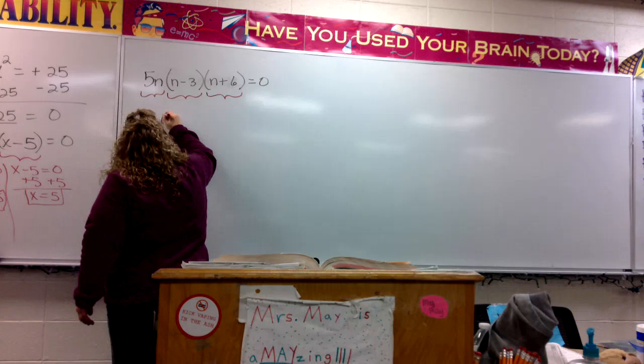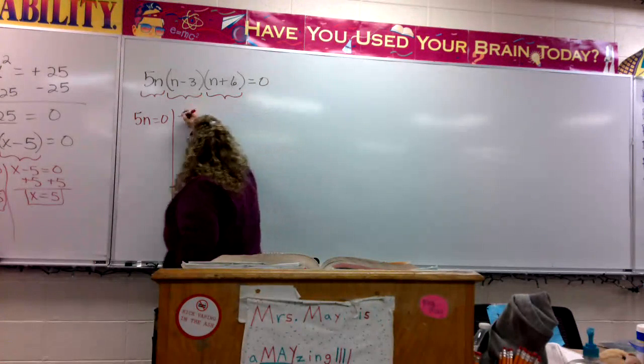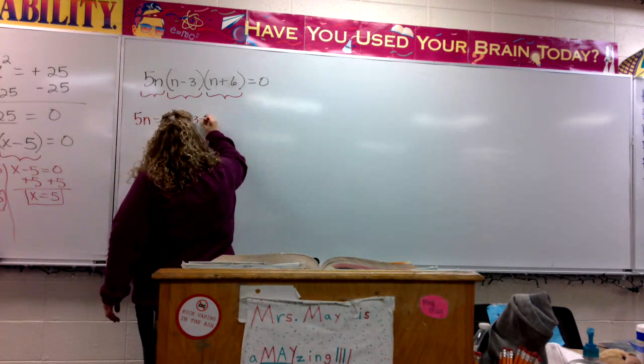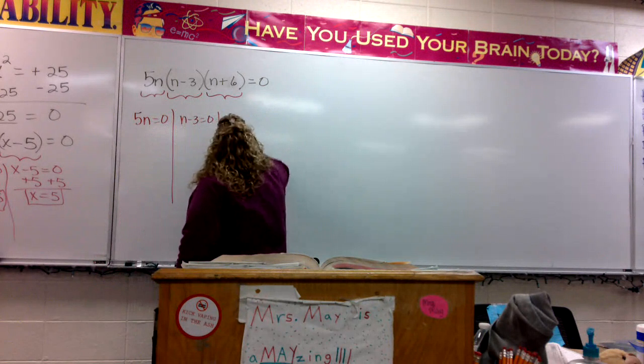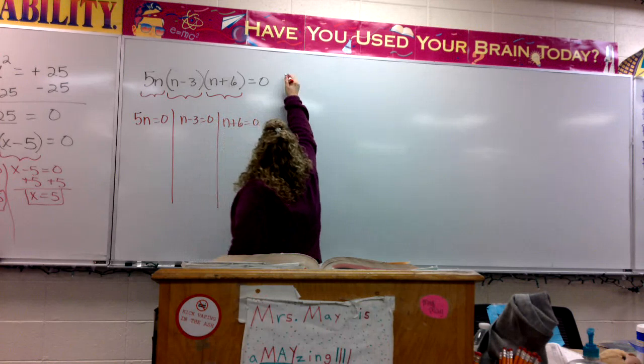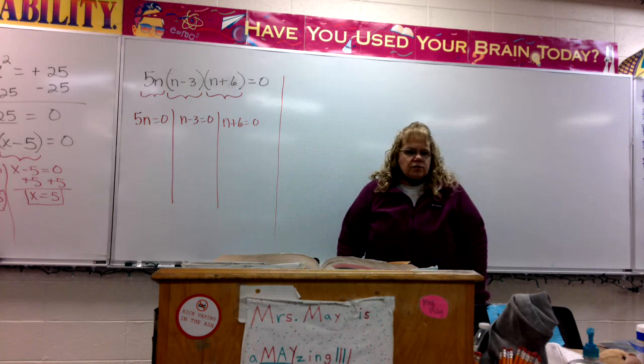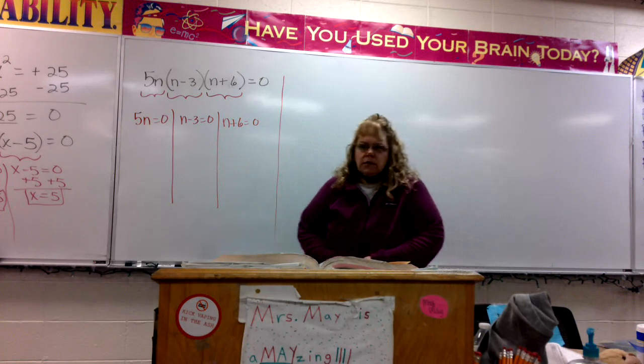So 5n could equal 0. N minus 3 could equal 0. Or n plus 6 could equal 0. So now we're going to have 3 answers. That's okay, right?